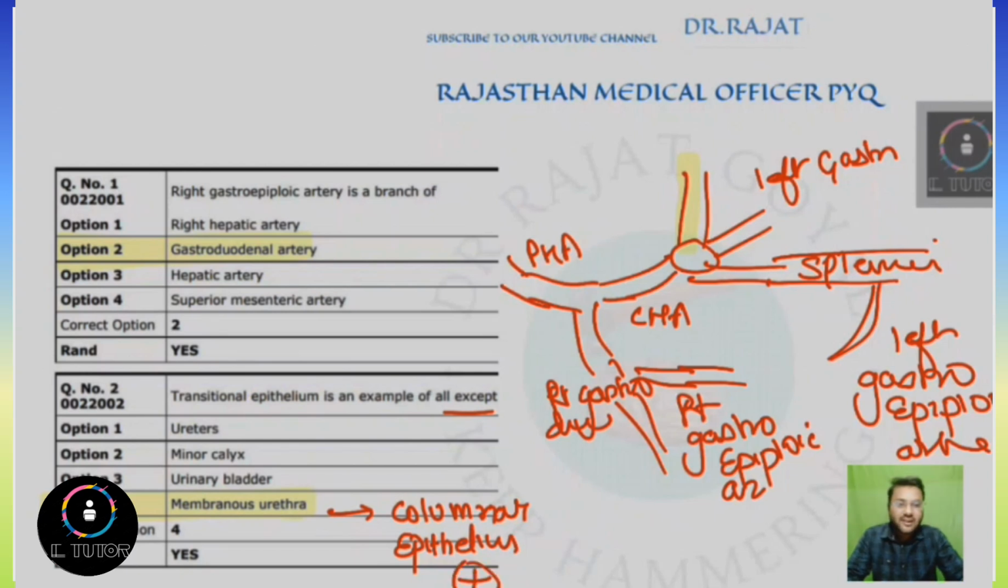So transitional epithelium is generally present in all the structures related to kidney and in prostatic urethra, not in membranous urethra. So it is stratified columnar epithelium in membranous urethra. So option number 4 will be the correct answer.